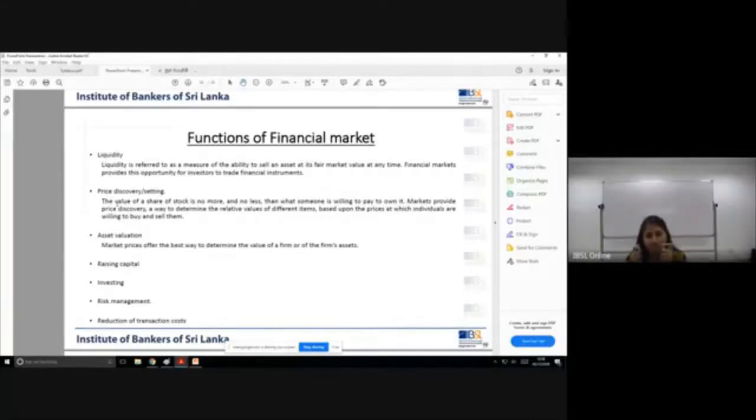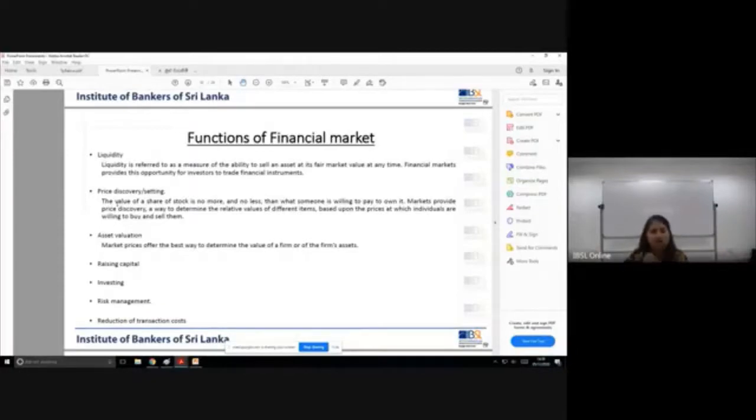Because the market is available and so many buyers or sellers are there, you know the price clearly. But if you don't have a market, you don't know the ongoing market price of that particular product. So a financial market enables you to discover the price of financial instruments.